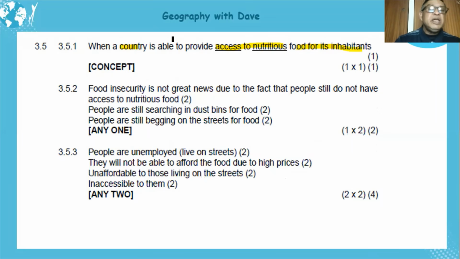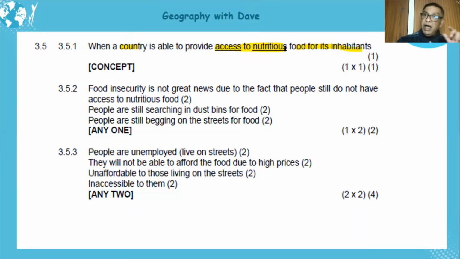Now, sometimes you may not put the word country, you understand? You may say for all, but you notice something here. These words are underlined. Access to nutritious food. So don't go back to your teacher and say, but it says their country and its inhabitants. As long as you say there is access to nutritious food for all.